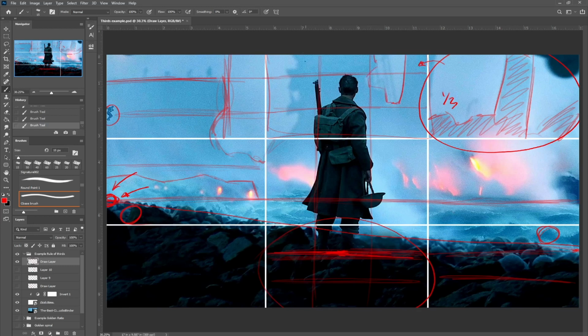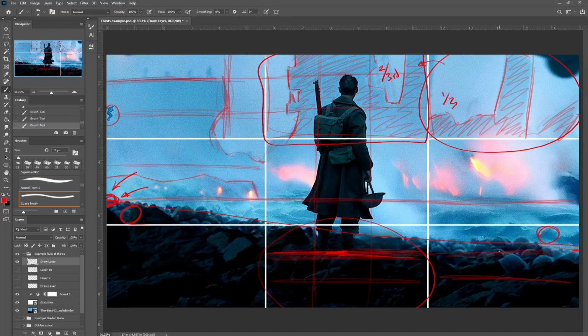Now, I don't know if this is intentional or if it was just a side effect of the composition looking good. But this form takes up pretty much 2/3 of this part of the frame.